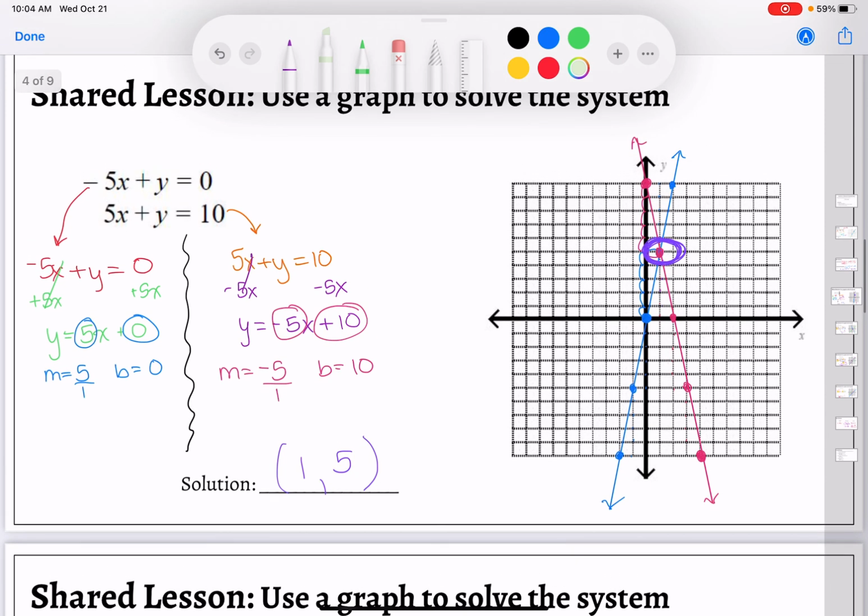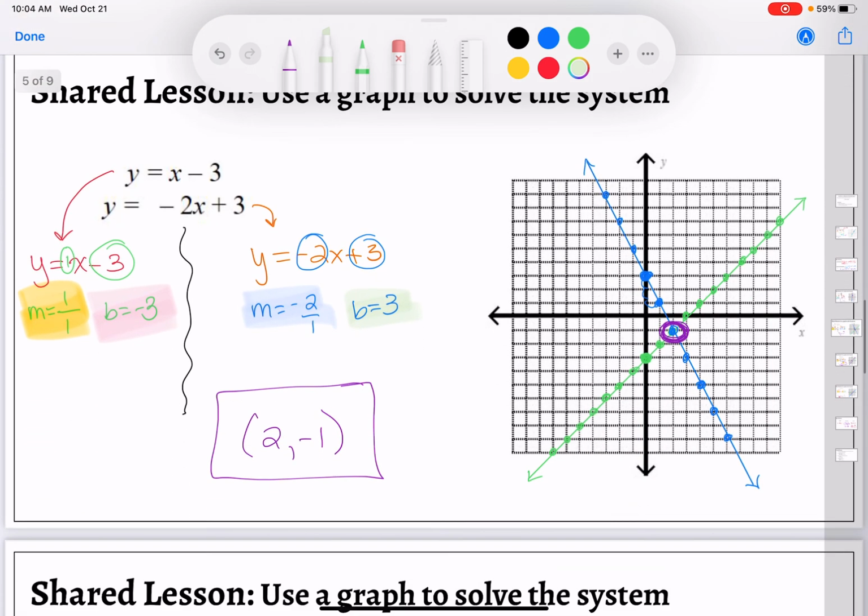Okay, on this one, same thing, right? Different slopes, different y-intercepts. So remember, if I have the same slope, then I'm either going to have the same or different y-intercepts. So I'm either going to have overlapping or parallel lines, right? If they have the same slope, those are my only options. So I definitely have to have different slopes.